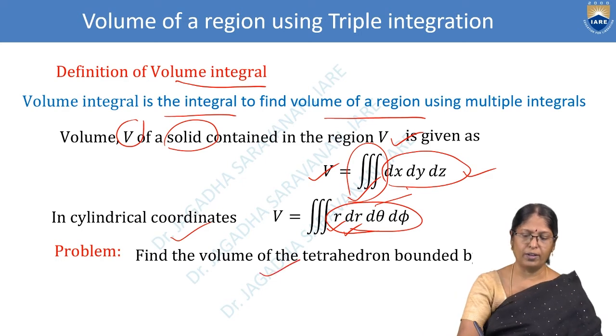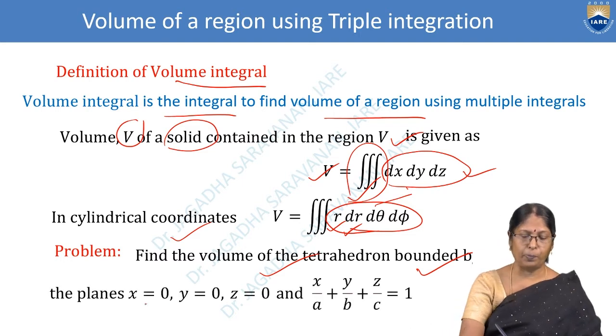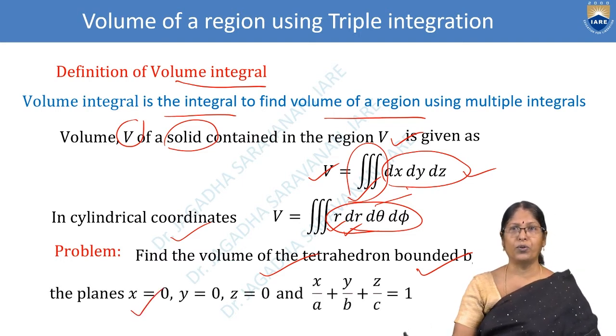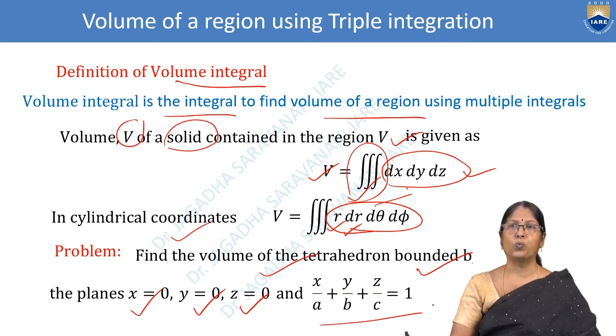So now, find the volume of the tetrahedron bounded by the planes x equal to 0, y equal to 0, z equal to 0, and the plane x by a plus y by b plus z by c equal to 1.